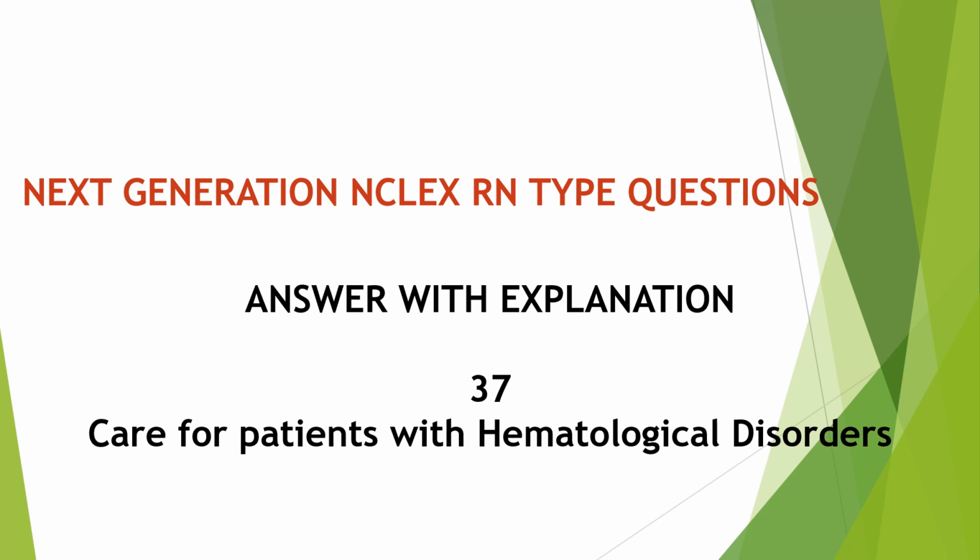RBC disorders include iron deficiency anemia, vitamin B12 deficiency anemia, folic acid deficiency anemia, sickle cell disease, aplastic anemia, and G6PD deficiency. Then if you talk about bleeding disorders, you need to think about thrombocytopenia. WBC disorders include leukemia, and lymph disorders include lymphomas and multiple myeloma.